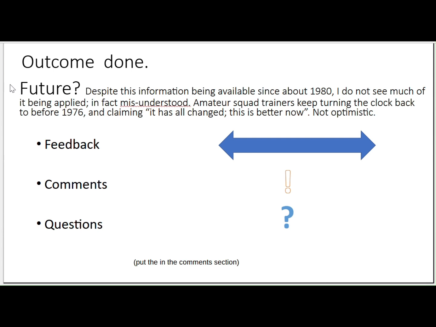So what's the future? I've said here, not optimistic. Despite this information being available since about 1980, I do not see much of it being applied. In fact, it is misunderstood. They either haven't learned it, or they've overlooked it, or misunderstood it. Amateur squad trainers keep turning the clock back to before 1976.